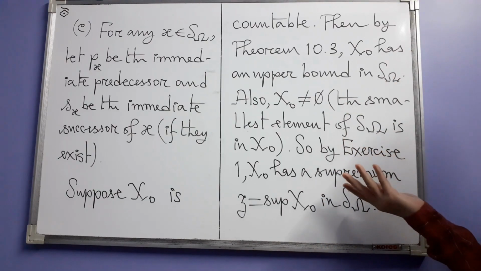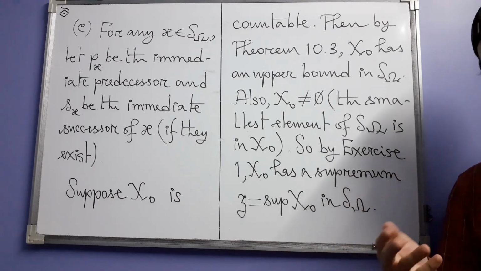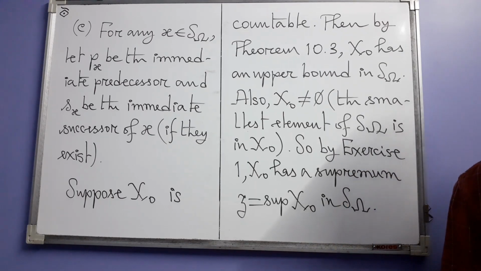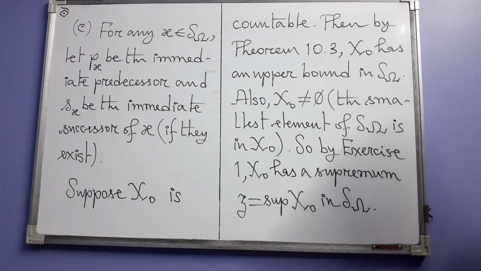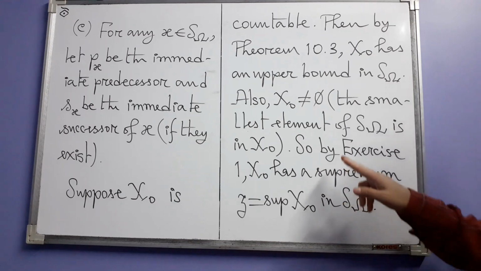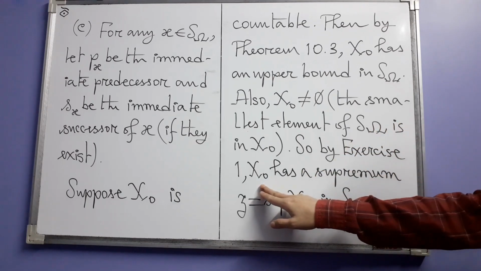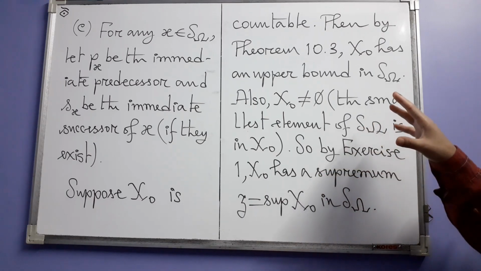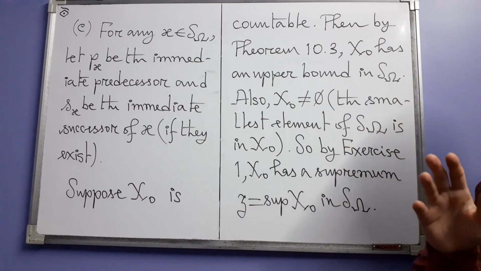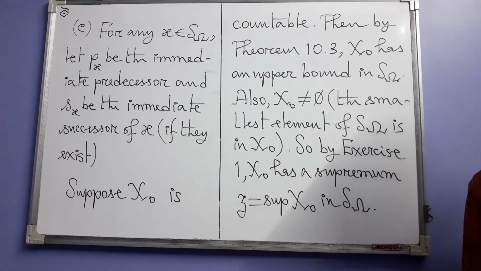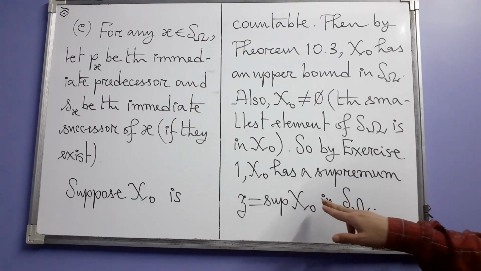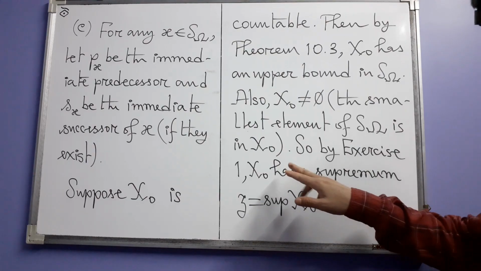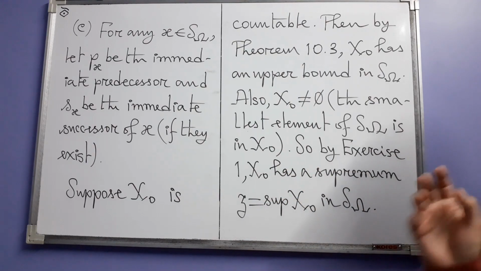So here we may be able to apply the least upper bound property provided S omega has that property, and that's the case because in exercise 1 it's actually very easy to prove why that is so. The content of this exercise is that any well ordered set has the least upper bound property. Okay, so by that property our X naught will also have a least upper bound or supremum.